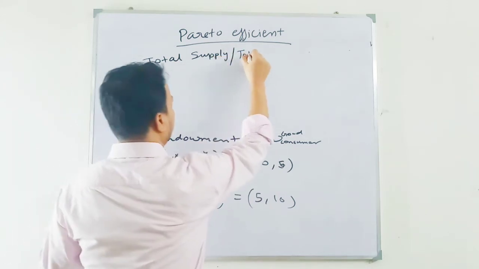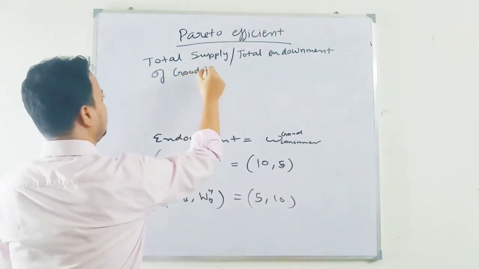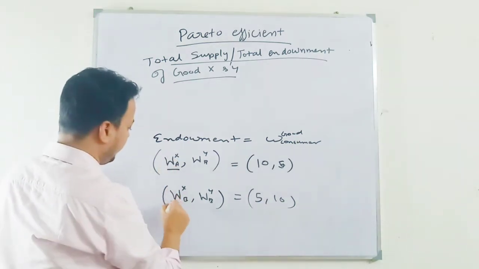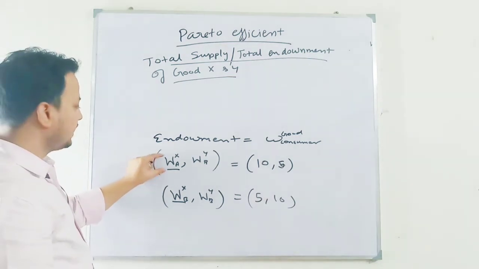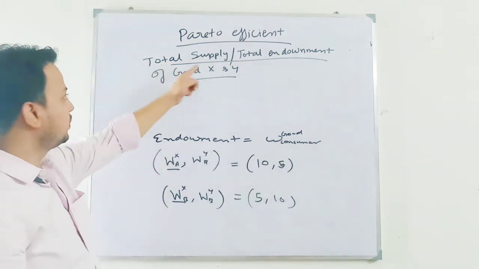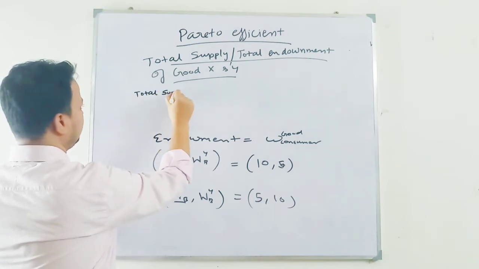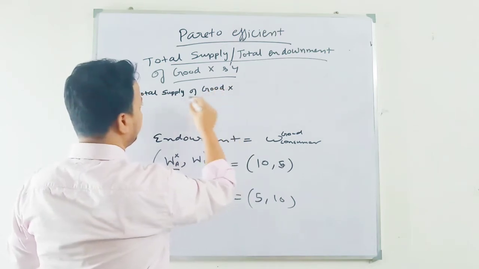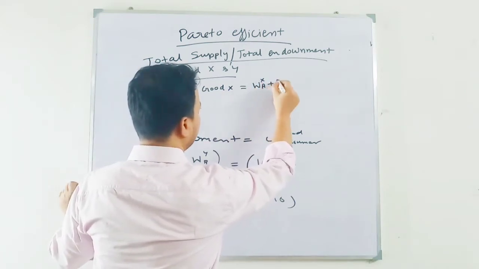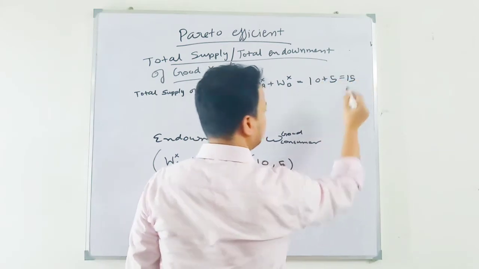The total endowment of goods X and Y: for X, I need to add how much of good X I have with consumer A and how much with consumer B. Adding these two, I get my total supply, or total endowment, of good X. So total endowment of good X equals endowment of good X with consumer A plus endowment of good X with consumer B. This is 10 plus 5, 15.